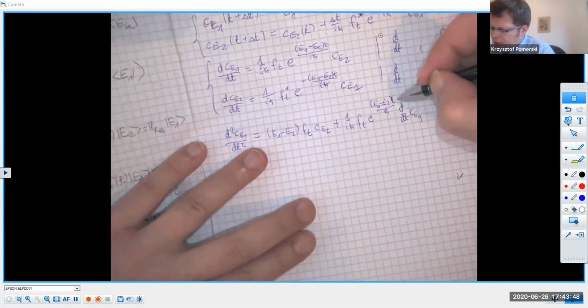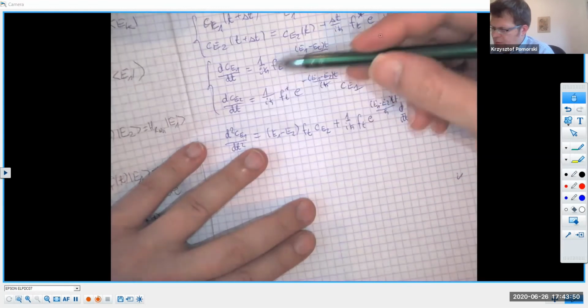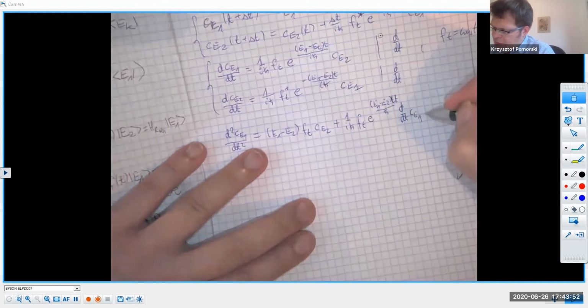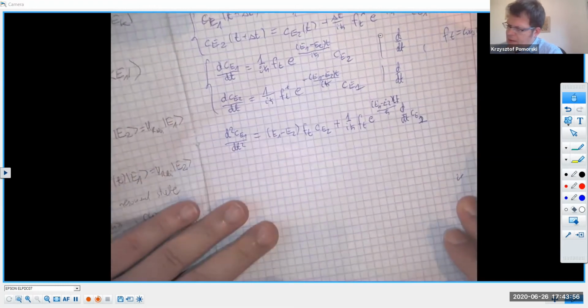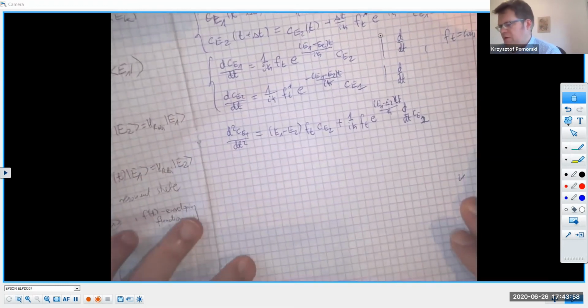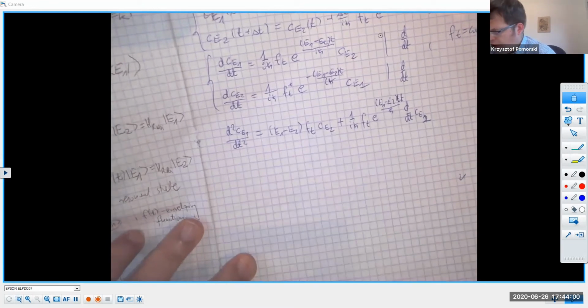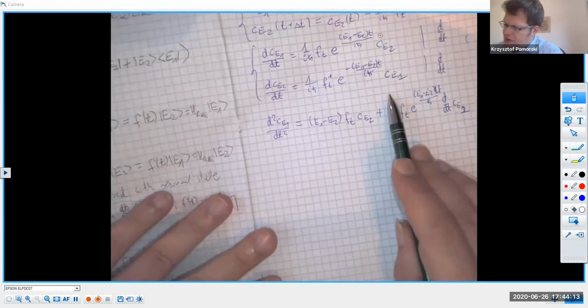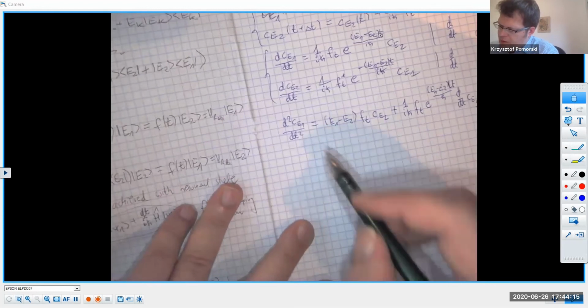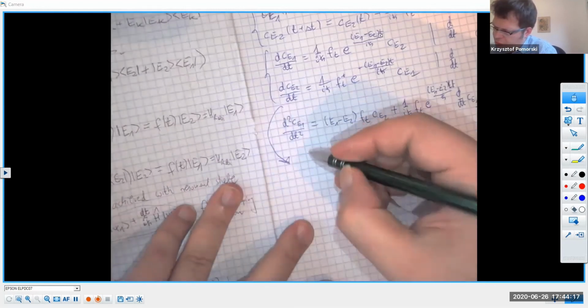And then I can simply plug it here, and I can move on with such equations of motion. Actually it's even simpler to be like that.